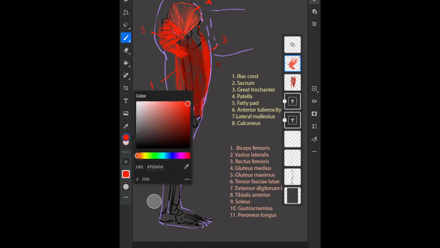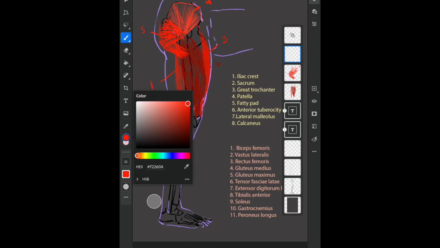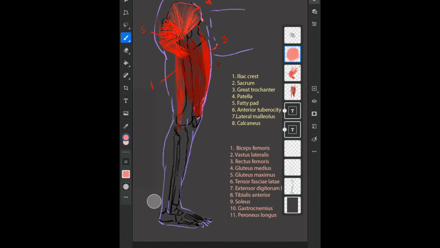And then the tensor fasciae latae, let's put this in a different layer here. Okay. Let's change colors. Is a muscle that originates at the tip of the superior anterior iliac crest, and then past the trochanter, stops bulging and turns into tendon, which attaches itself to the gluteus medius.